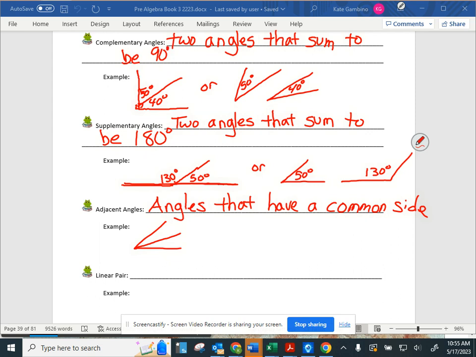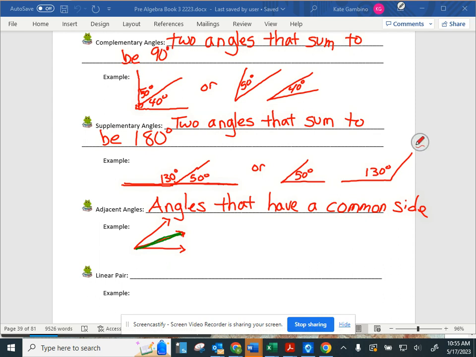So we have an angle here, we have an angle here. This is the side that they share. They share a side, they are adjacent.